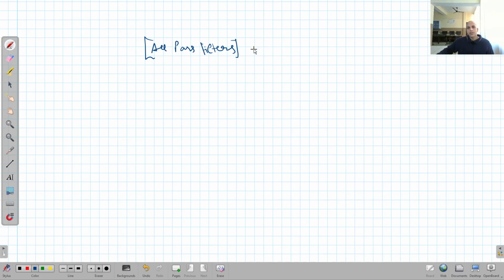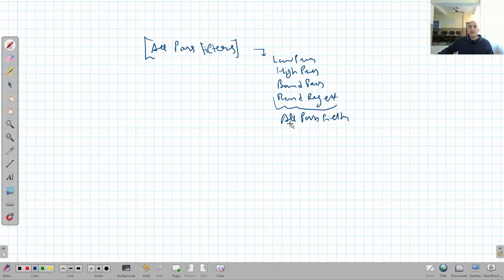We have discussed right from the low pass, then high pass, then band pass, then band reject, and now we have arrived at an all pass filter.